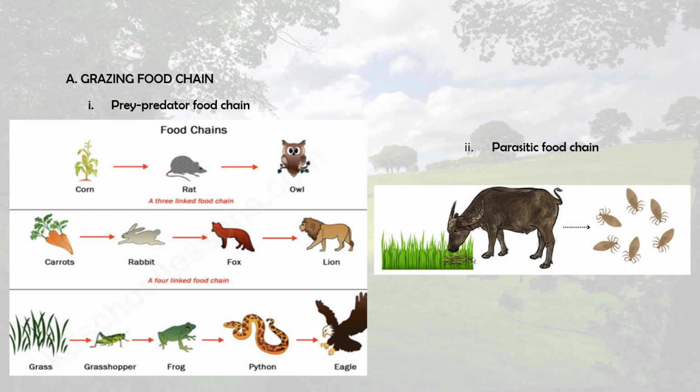First one is grazing food chain. Grazing food chain is a food chain where the starting point is green plants or autotrophs, and the ending point is carnivores, maybe top carnivores, but this passes through herbivores.